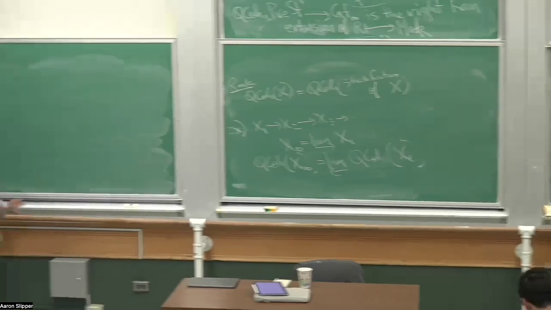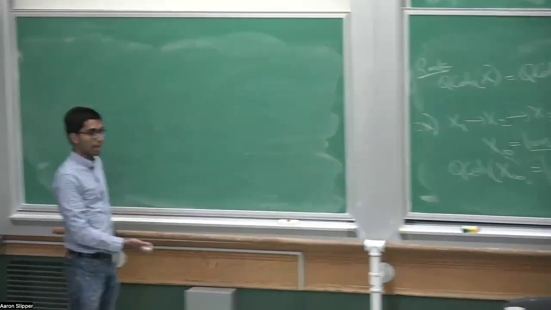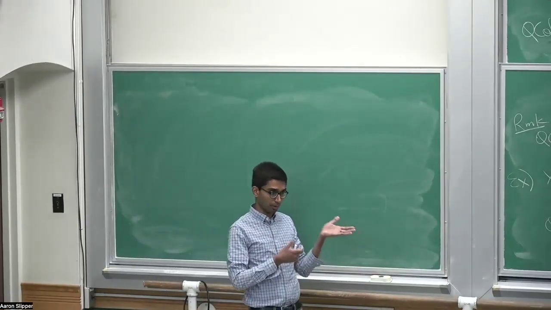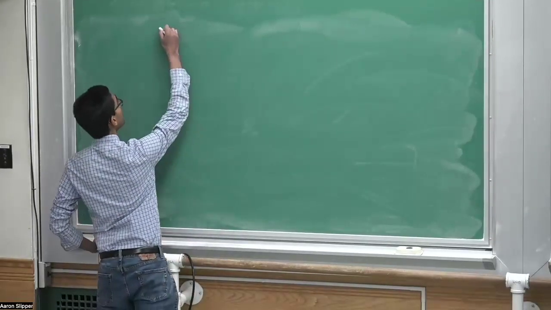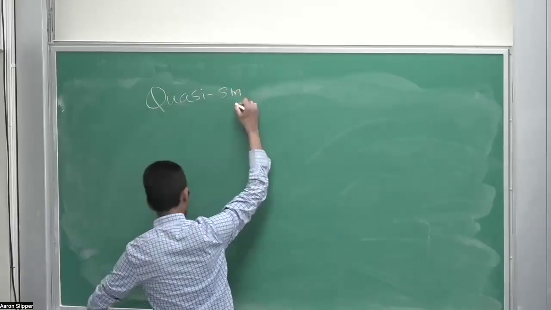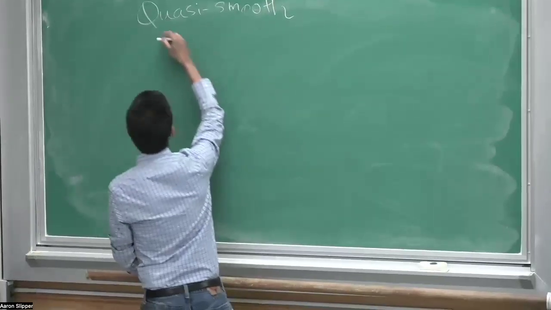So I guess I would say something about quasi-smooth animated rings and the cotangent complex, and say something about the singular support for ind-coherent sheaves. Okay, so first let me say quasi-smoothness.